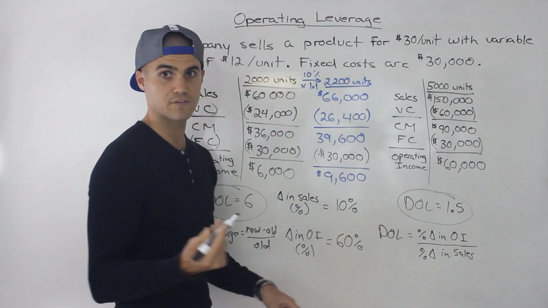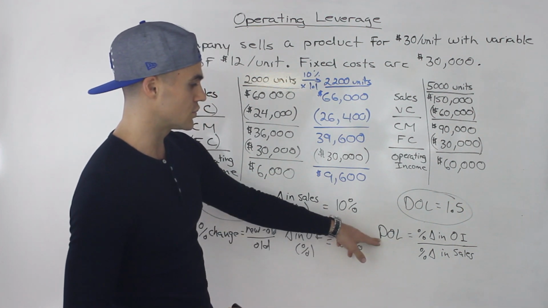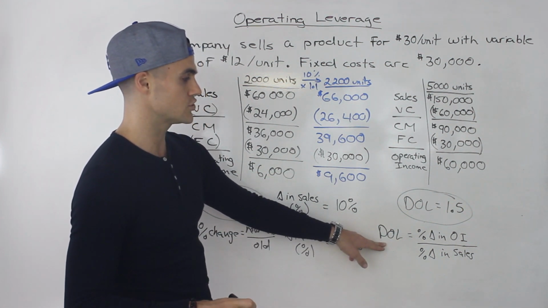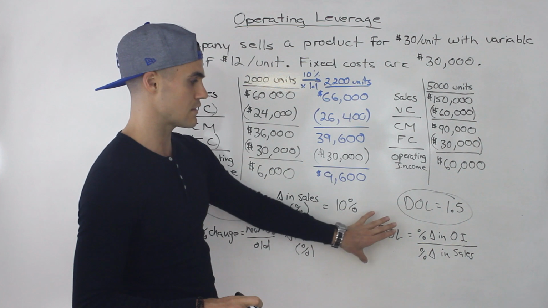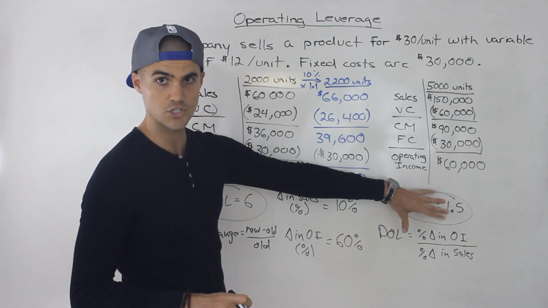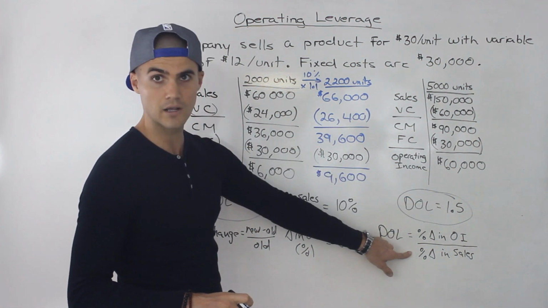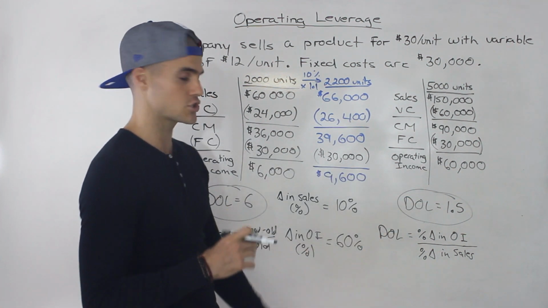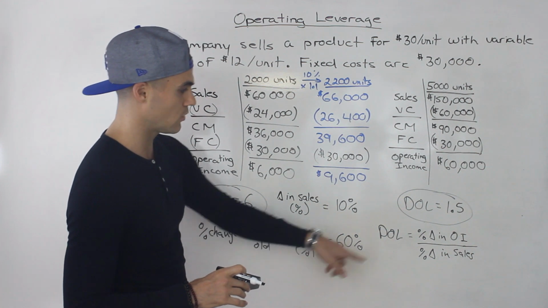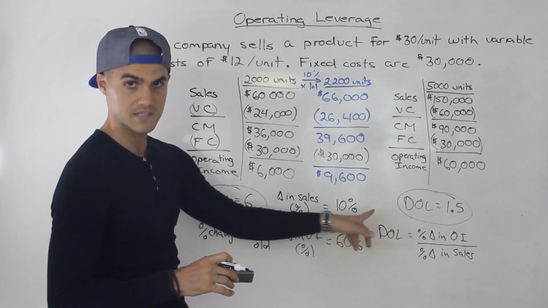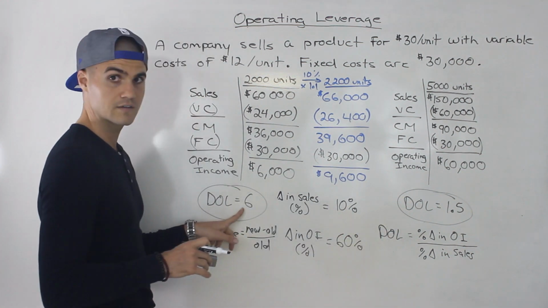Right? So you may see a definition in your book saying the degree of operating leverage is the percentage change in operating income depending on the percentage change in sales, or some kind of wording like that. Right? So percentage change in operating income, 60 over percentage change in sales, 10, 60 over 10 gives us 6. So that's how those relate.